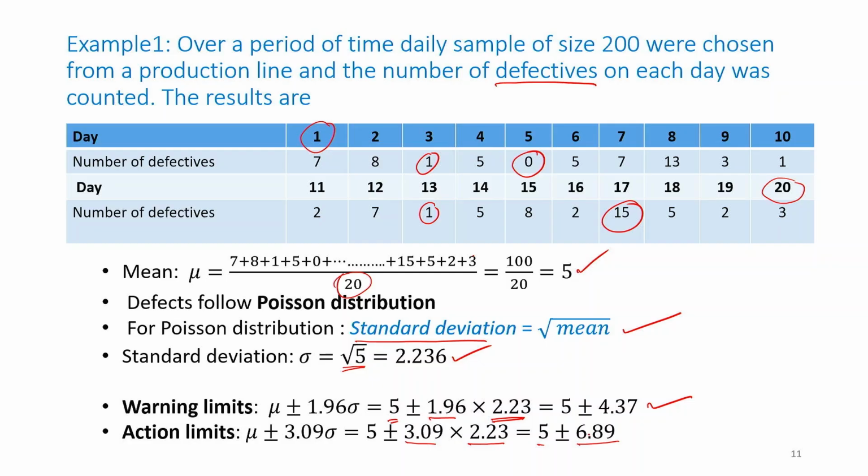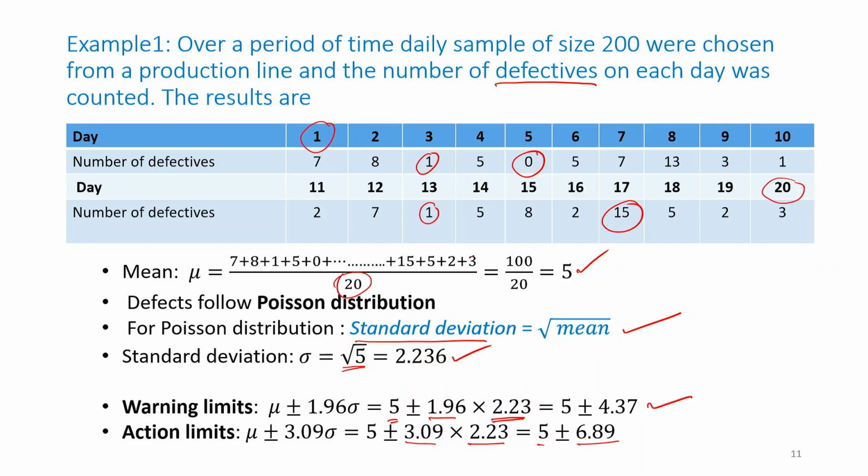Obviously, defects cannot be negative, so it is considered to be 0. Therefore, in Poisson distributions there is wide variation, and on the higher side it can go up to 12.